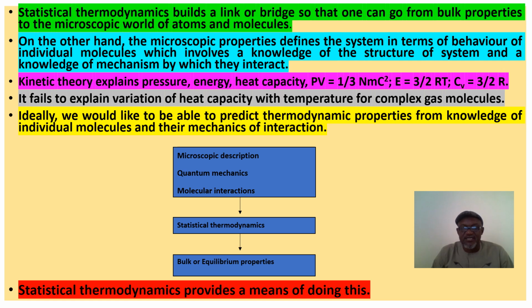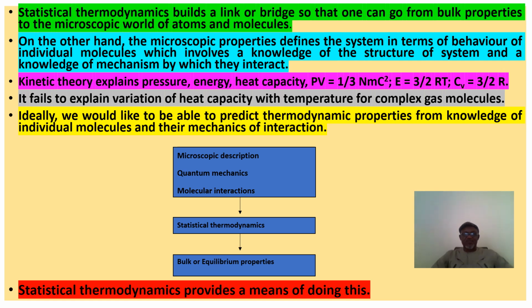Thermodynamics builds a link or bridge so that we can go from the bulk properties to the microscopic world of atoms and molecules. Microscopic properties define the system in terms of the behavior of individual molecules, which involves knowledge of the structure of the system and knowledge of the mechanism by which they interact.